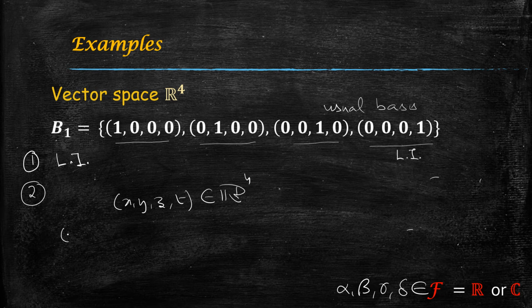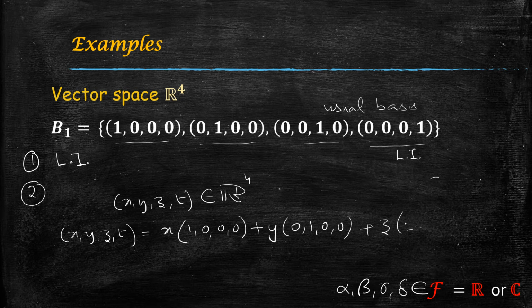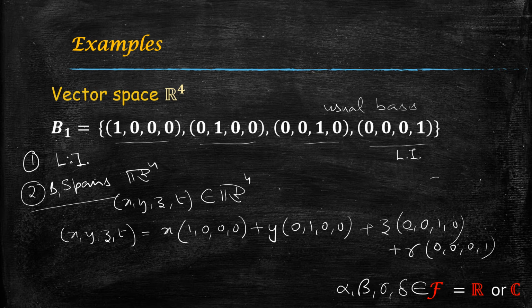You can easily see here that every x, y, z, t of R4 can be written as a linear combination of these vectors: x of 1 0 0 0 plus y of 0 1 0 0 plus z of 0 0 1 0 plus t of 0 0 0 1. It also satisfies the second condition, that B1 spans R4. So we can say here that B1 is a basis of vector space R4.